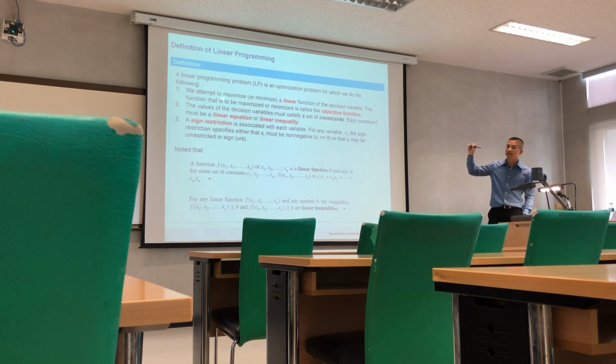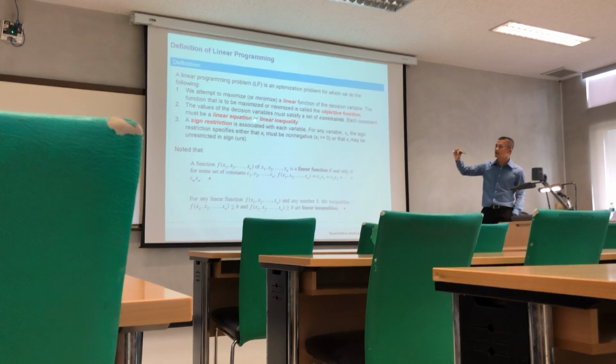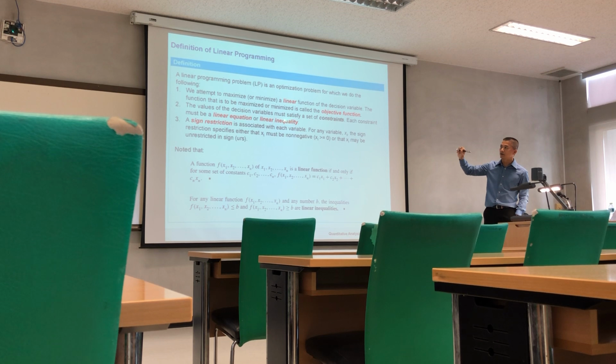The function that is to be maximized or minimized is called the objective function. In our case, that is maximize z equal to 3x1 plus 2x2. That's our objective function. The values of the decision variables must satisfy a set of constraints. Each constraint must be a linear equation or linear inequality.